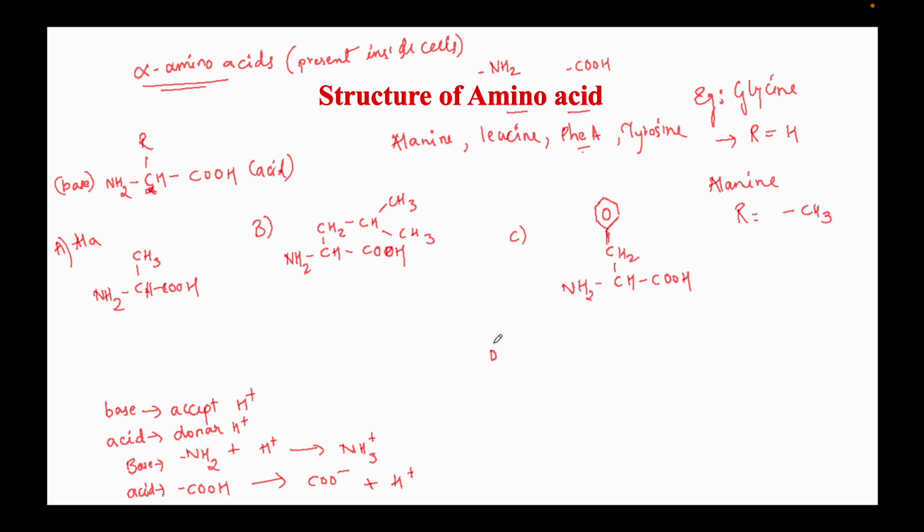And finally we have tyrosine, which is one of the charged amino acids. The structure of tyrosine is also pretty simple. Similar to phenylalanine, tyrosine has a phenol group, OH, like this.